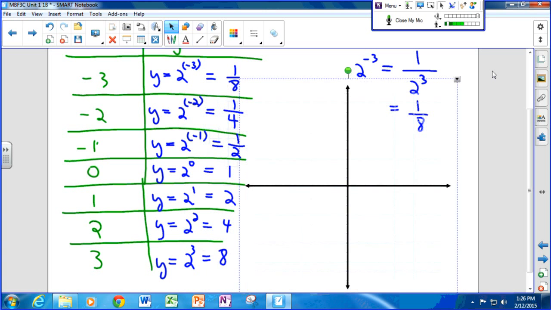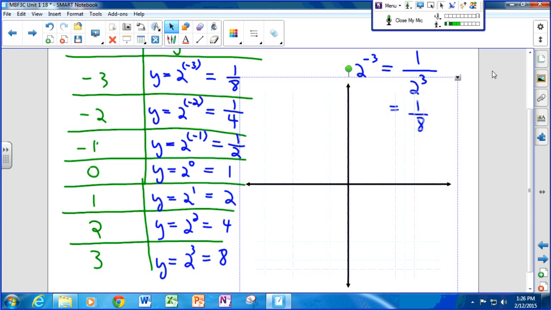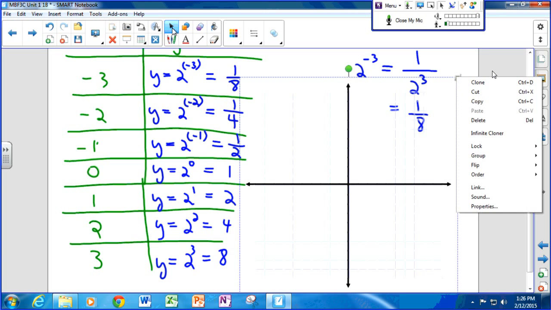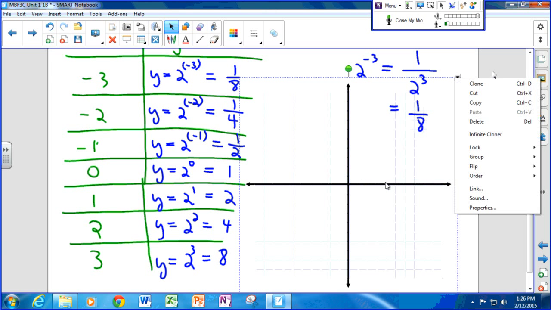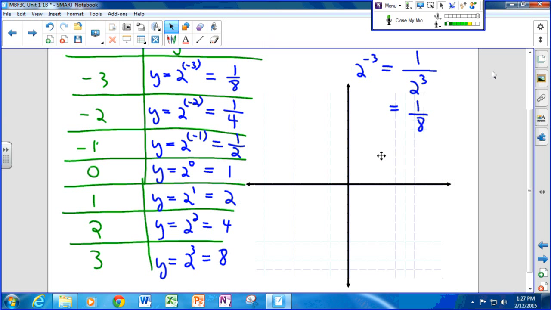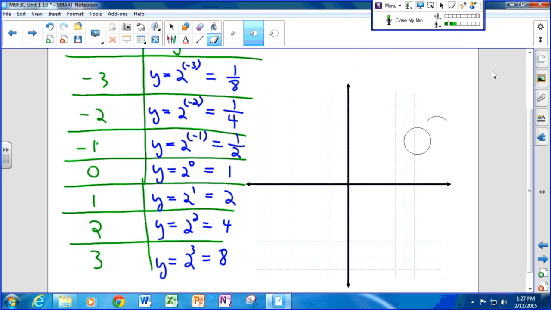Just to simplify things, I'm going to send it back, and then I just want to lock this in place. Just a little bit of housekeeping. So now I think that I can erase this stuff. There you go, and so we have our grid. That's our X, that's our Y, and we're going to graph this thing. We just need 3 units: 1, 2, 3.